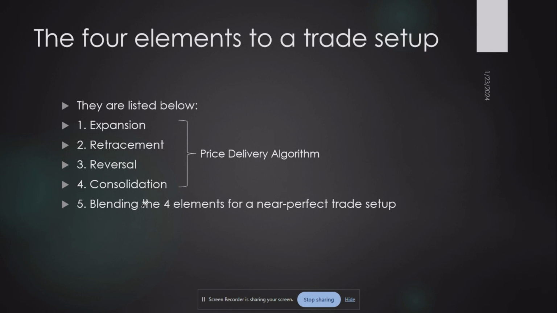So in order for you to build a narrative around a trade setup, you must understand what price has done or what price is doing out of these four things, and what price can do next based on the context. The context is what is going to give you the idea of what price is likely going to do next.